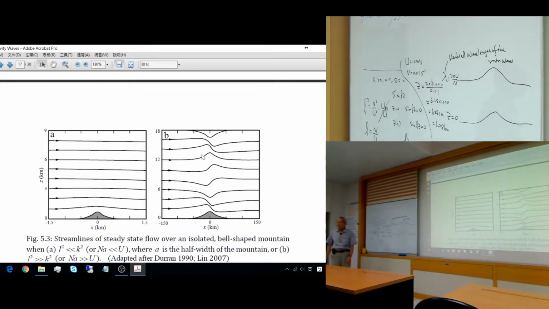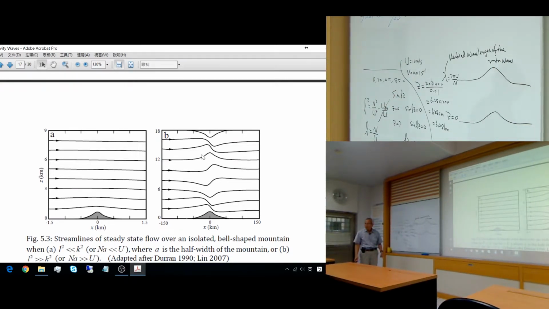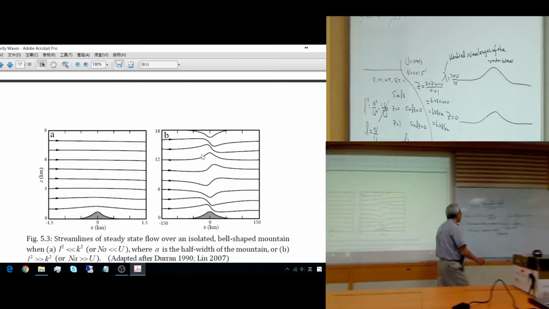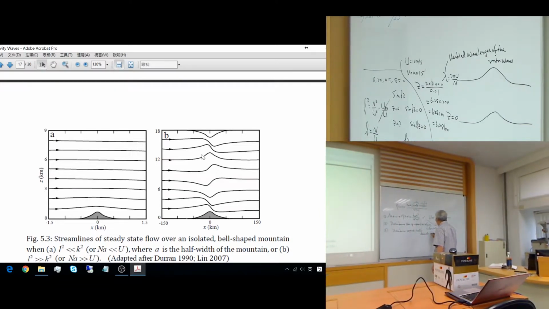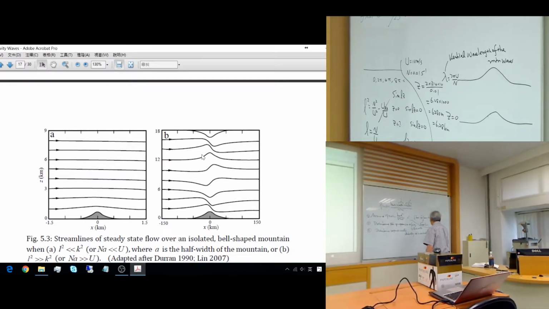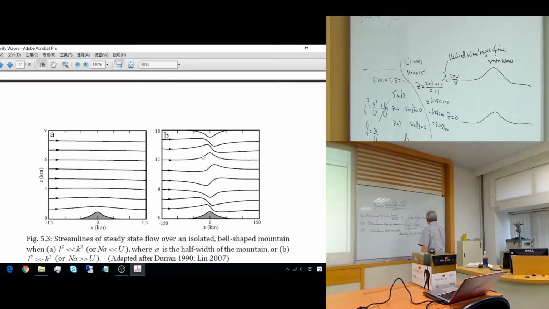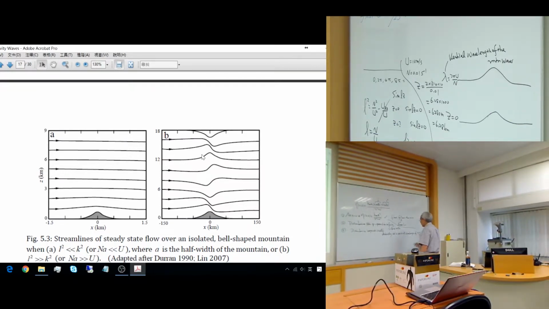That's lambda equals 2 pi U over N. So the disturbance repeats itself vertically at a vertical wavelength of 2 pi U over N, like that.